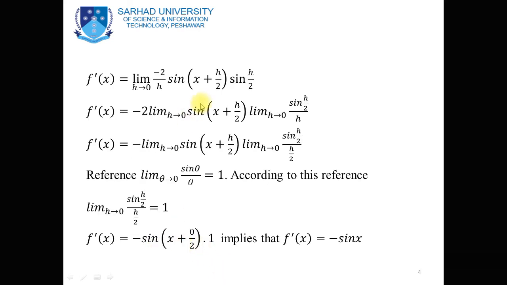Now minus 2 as it is, and limit h tends to 0 of sin of (x plus h by 2) as it is, and limit of sin h by 2 divided by h.